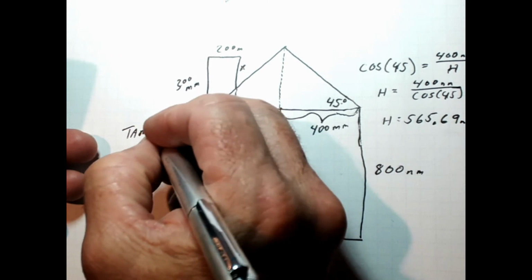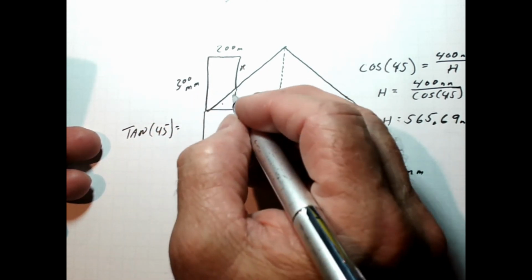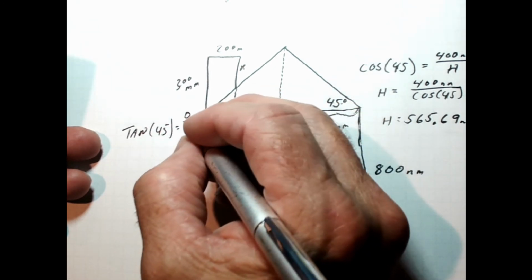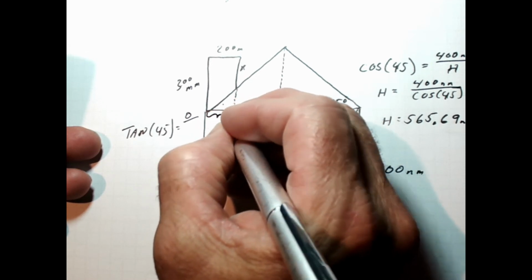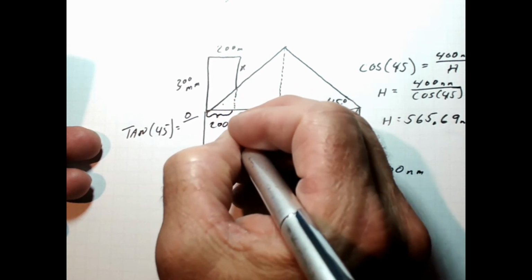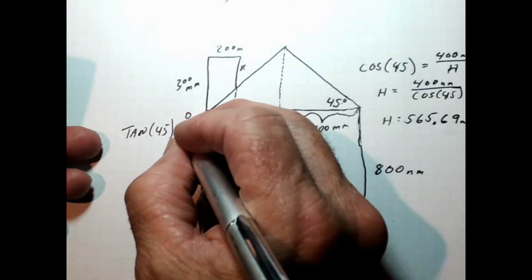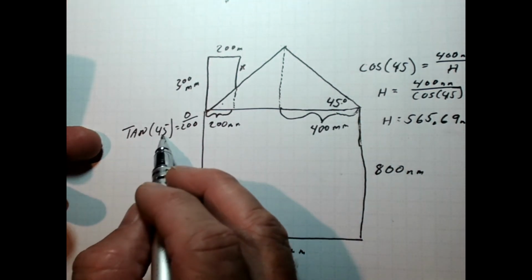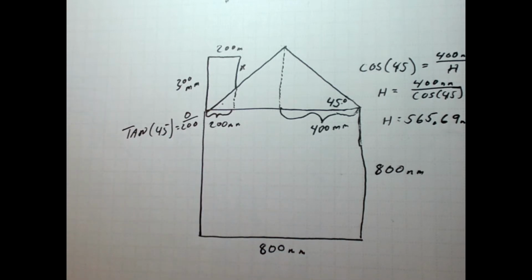So we've got tangent 45 equals the opposite over the adjacent, and the adjacent right here is 200 millimeters. Okay, so I take the tangent of 45 and just multiply it times 200. The tangent of 45 is 1.